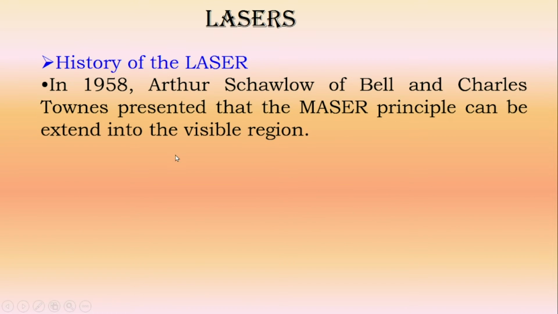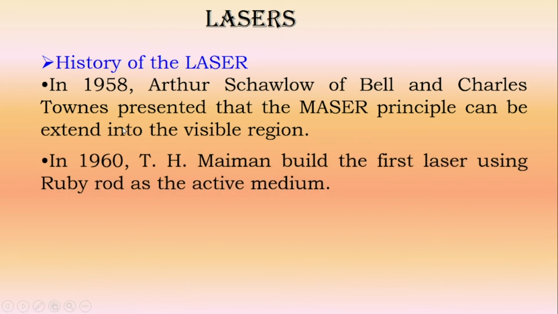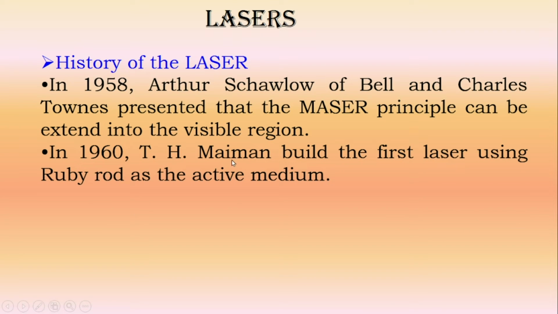In 1958, Arthur Swallow of Bell Laboratory and Charles Towns presented that the maser principle can be extended into the visible region also. With the help of this presentation, in 1960, T.H. Maiman built the first laser using ruby rod as the active medium, and this laser is called ruby laser.